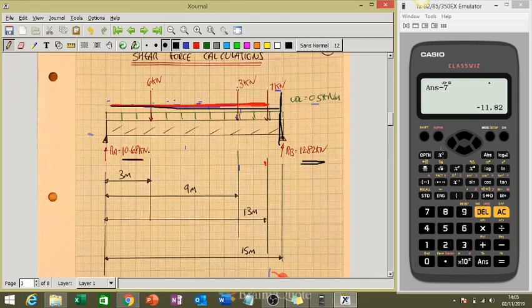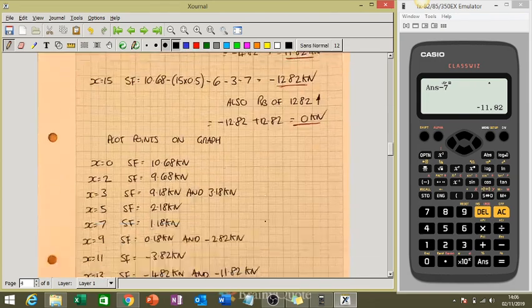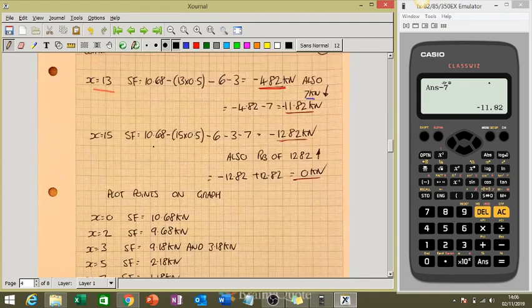So with that force coming up, coming down, coming down, coming down, 15 meters worth of the UDL coming down, and 12.8 of that force coming up. So 10.68 coming up, 15 meters of my UDL coming down, point load, point load, point load.